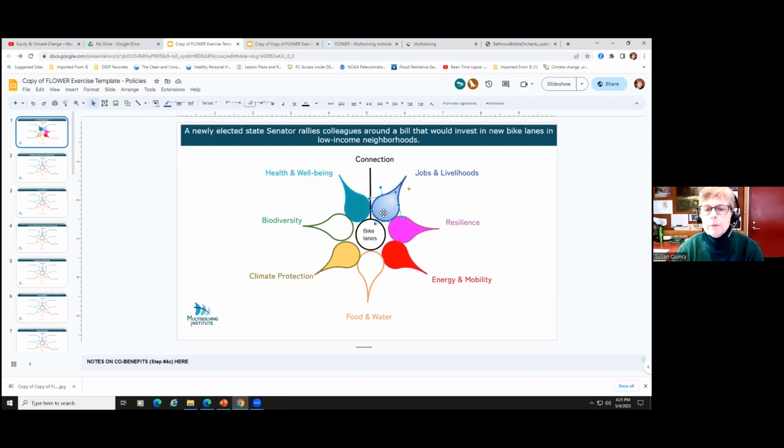Because it's a little less, as it doesn't guarantee that people will be traveling to their jobs, but it does give an added benefit of increased employment for people in construction, since you will be designing and building more of these bike lanes. So I put this in as a lighter one, in that it's not exactly as strong. And by doing this, this is how you would go in and color it.